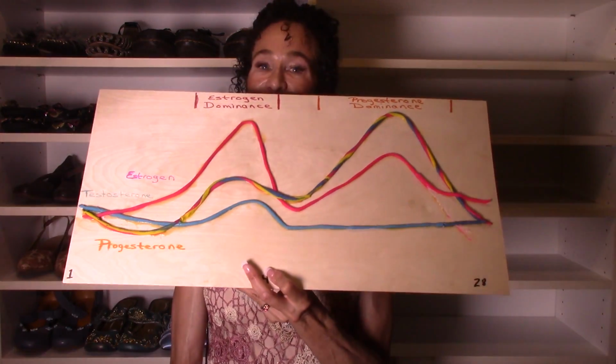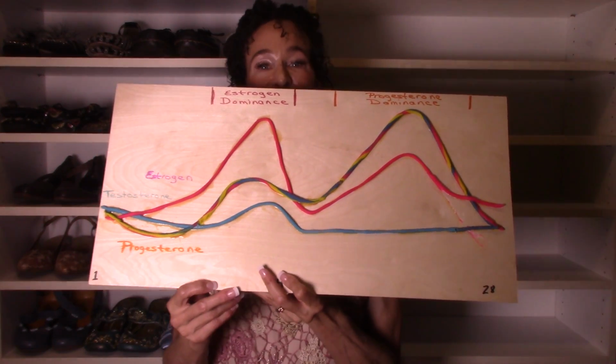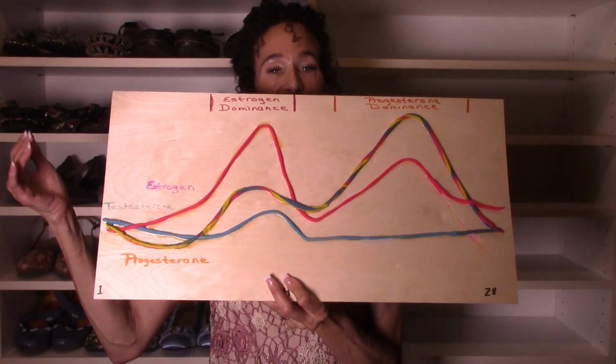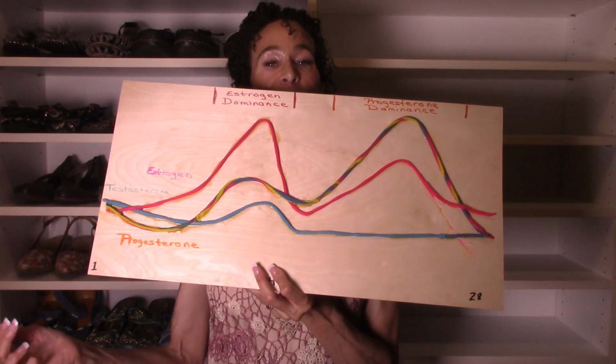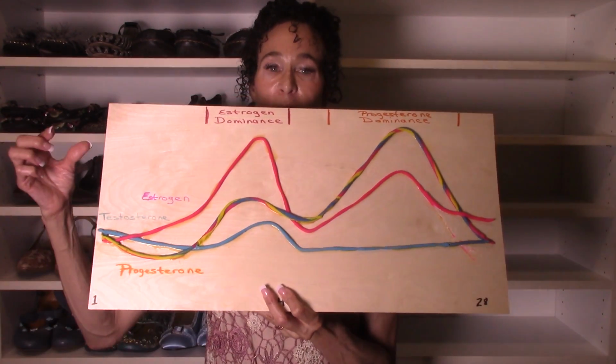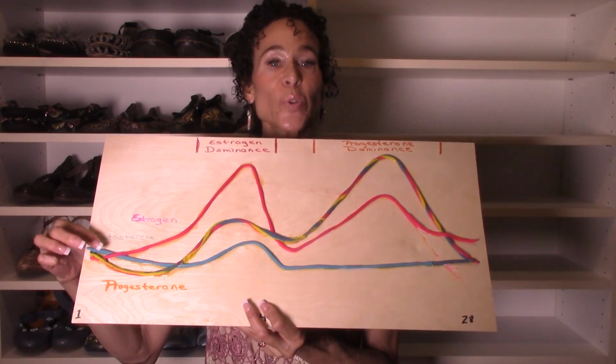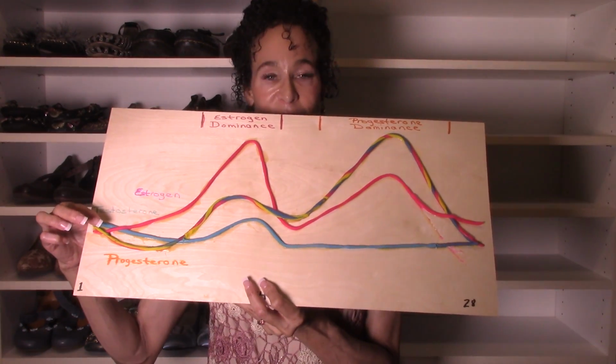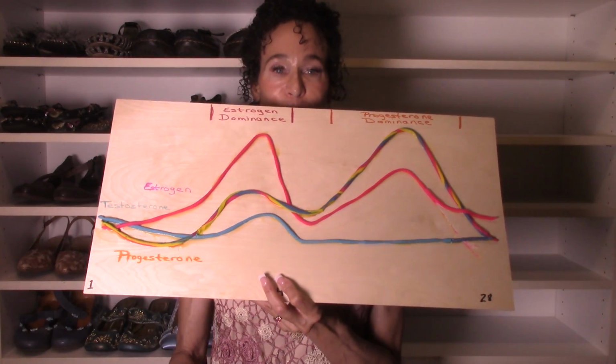So let's start with what happens when you're still having your menstrual cycles. Remember this? This is my Play-Doh graph of a menstrual cycle. So what you see here is one 28-day cycle. Estrogen is pink, progesterone is multicolored, and testosterone is blue.